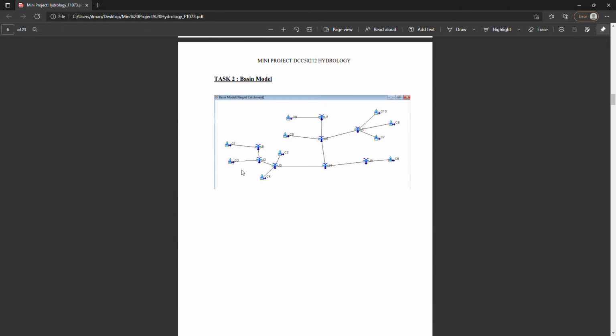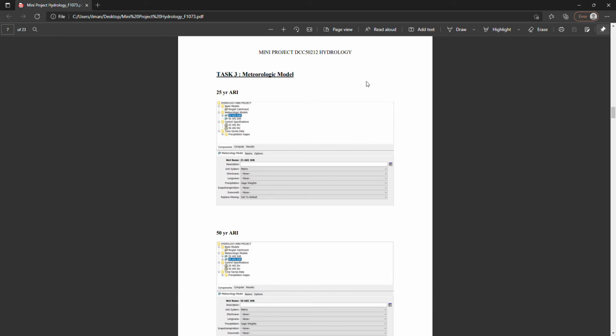Next, task 2 is the basin model. So this is our basin model. Next, task 3, meteorologic model for 25 years and 50 years.